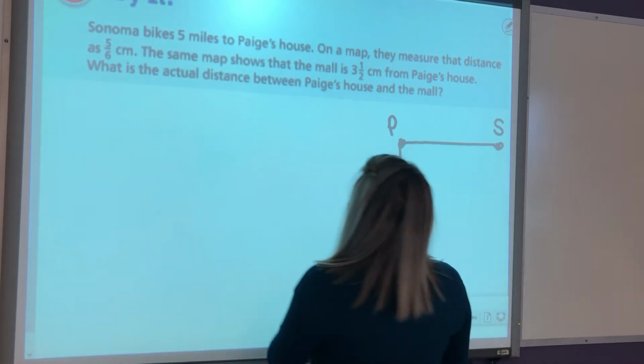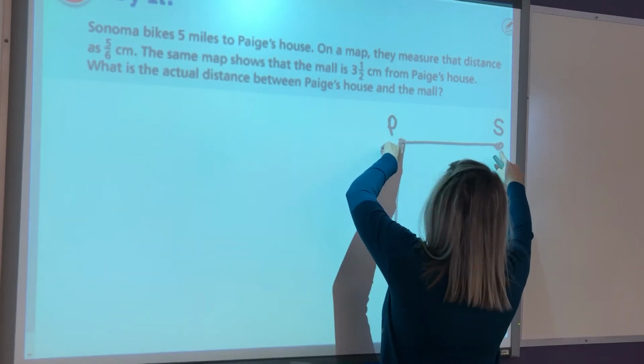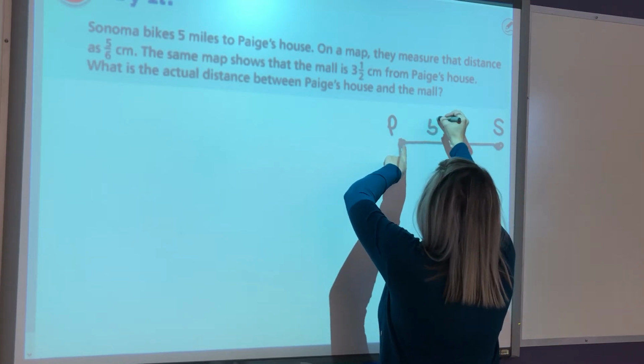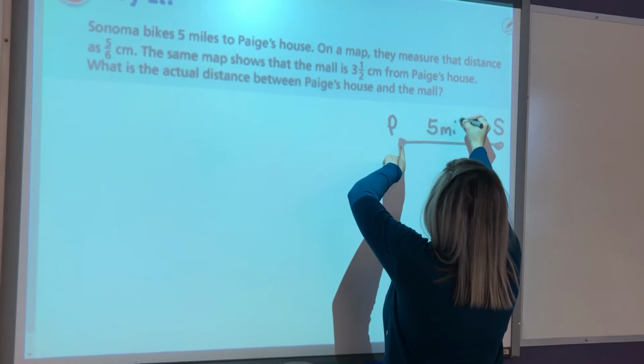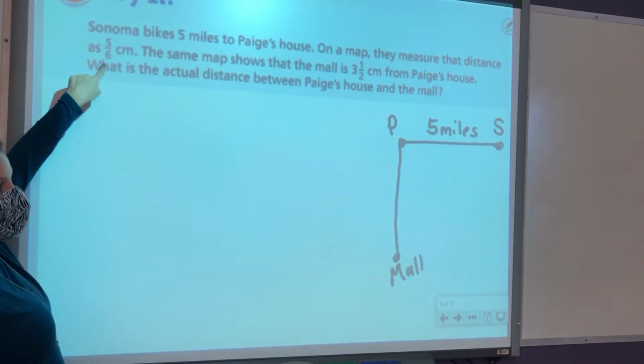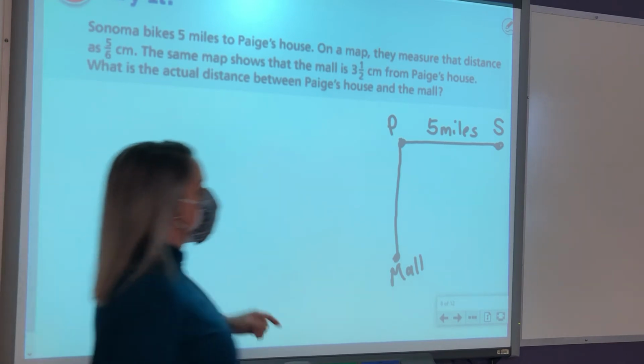So Sonoma bikes 5 miles. Okay, so we know this distance here is 5 miles, but on our map it's represented as 5/6 of a centimeter.